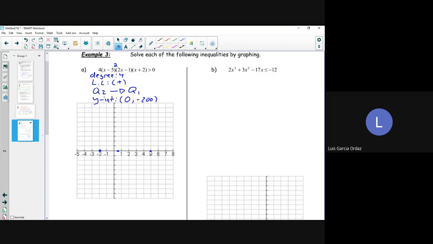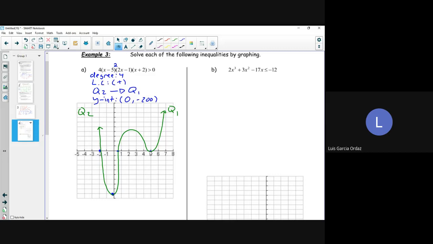So the point is 0, negative 200, which I'm just going to estimate is all the way down here. Now we can roughly sketch our graph. We start from quadrant 2 and end in quadrant 1.